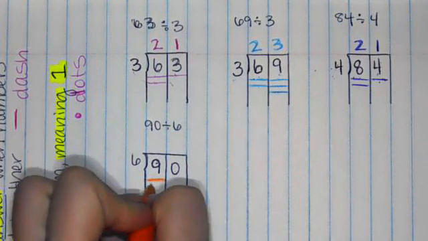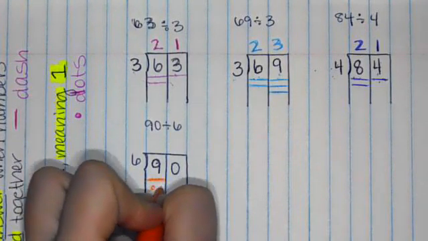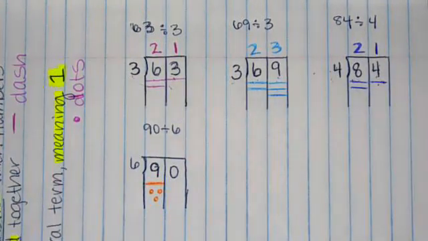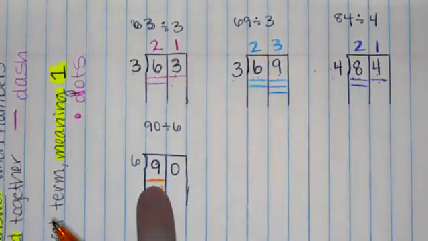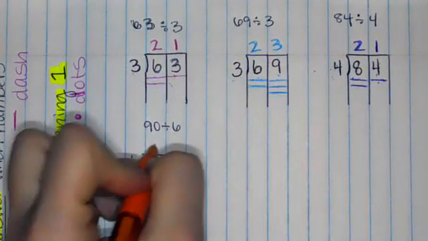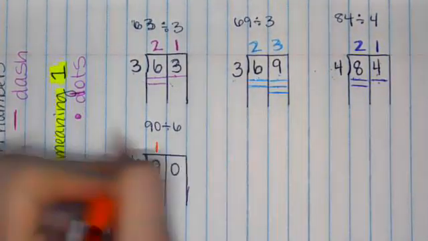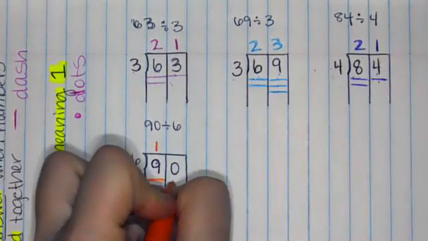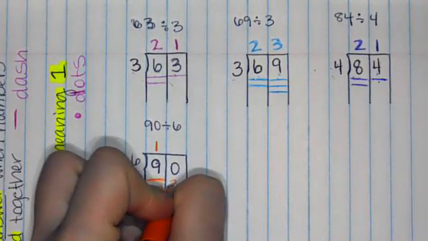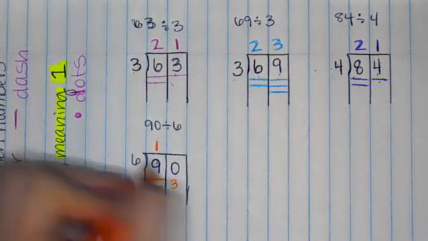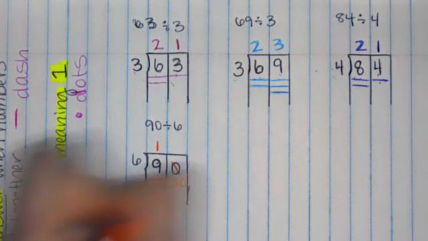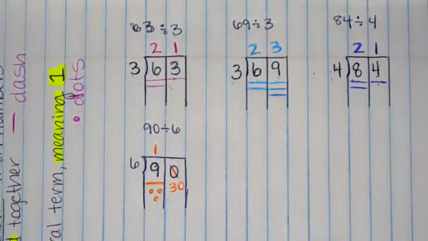I'm at 6, 7, 8, 9. I have 1 dash. I will put a 1 in the quotient. I have 3 dots. I'm going to make that 3 in the next lane. I have the 0, and I'm going to take the 0 and put it down behind the 3.